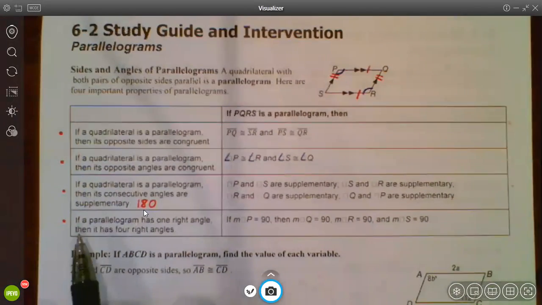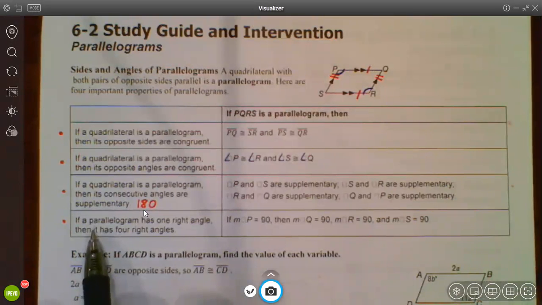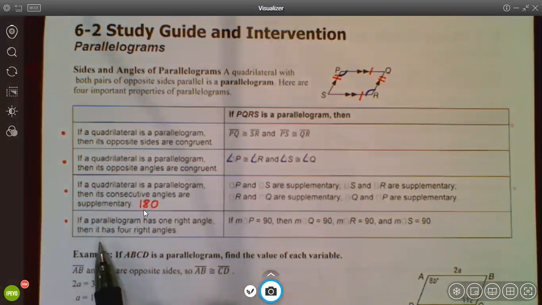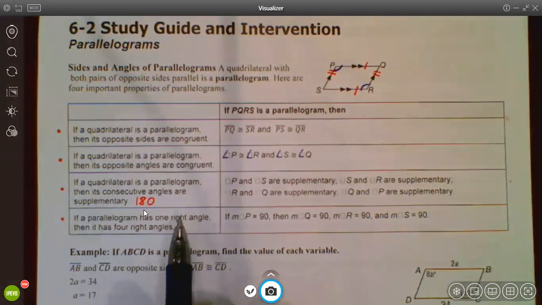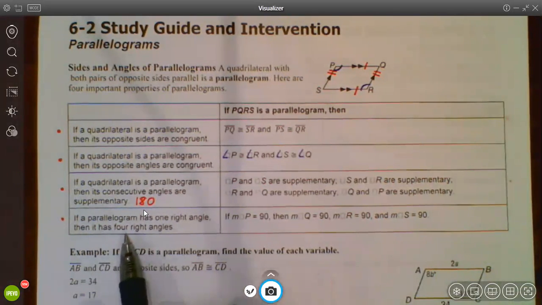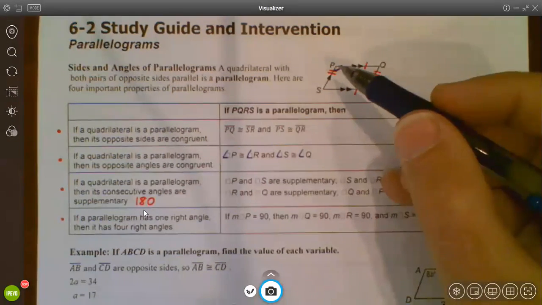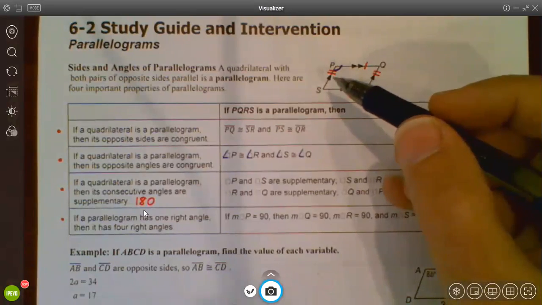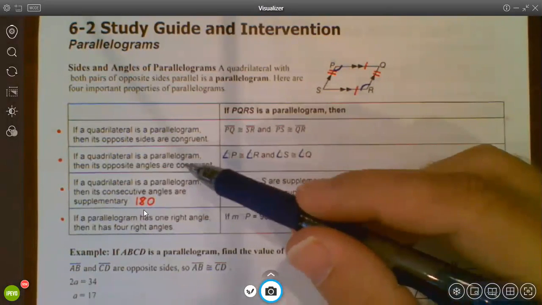This one's kind of a side note that honestly you could have figured out based on some of the things we already talked about here. What this one says is, if it has one right angle, then they're all right angles. So for example, if this happened to be 90 degrees, then they're all 90 degrees. But like I said, we really could have figured that out by these other two properties.